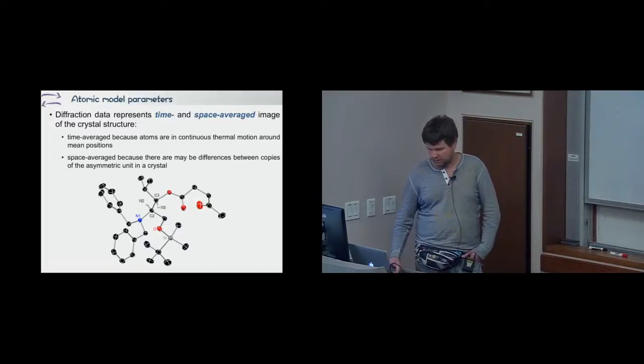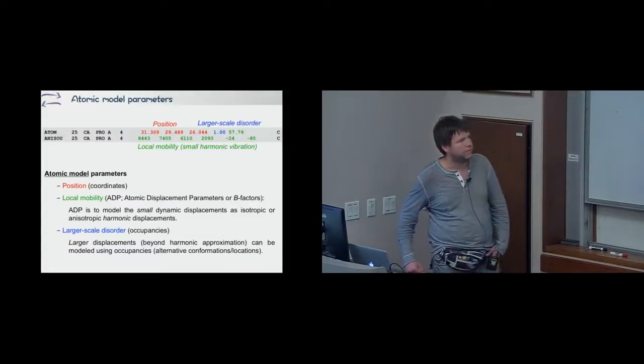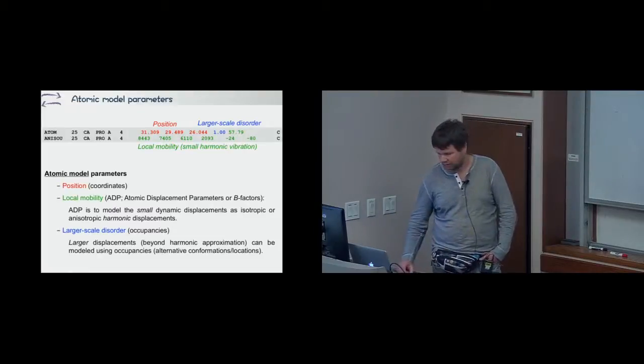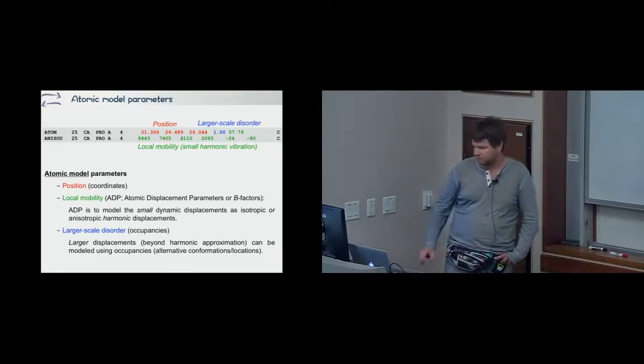So in terms of parameters, this translates into what we typically see in Protein Data Bank records, the ATOM and ANISOU records. Basically we have the position of atoms, which describes the coordinates of atoms in a unit cell.